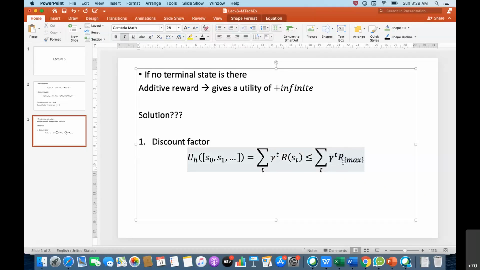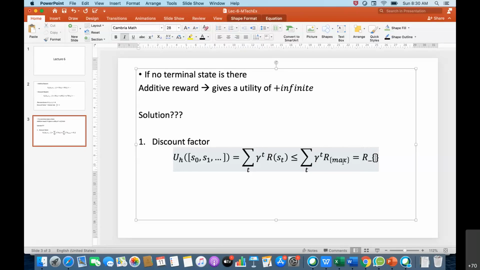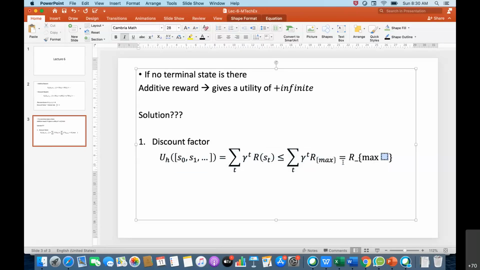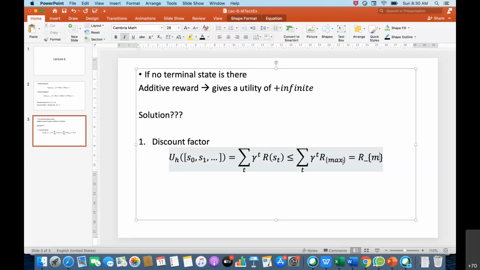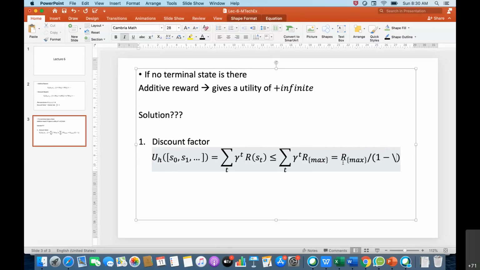R max is a constant, and if you sum it up using the law of infinite GP, it will give you R max divided by 1 minus gamma.